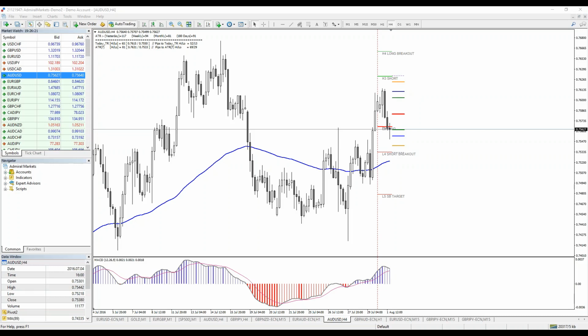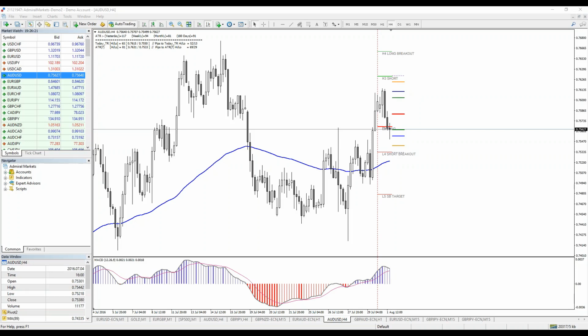So the buy position is 0.7520, and the sell position is 0.7660, and yeah, we can see that now.